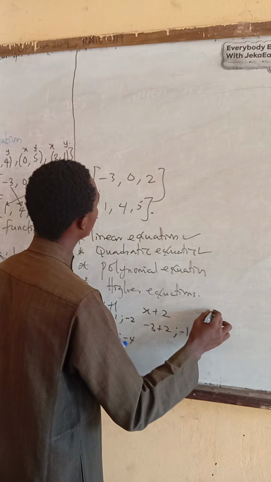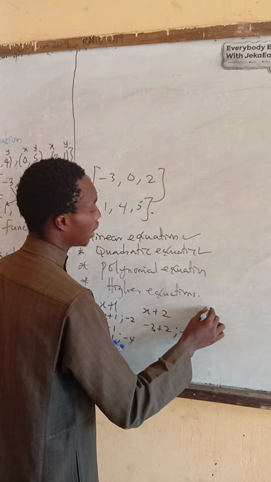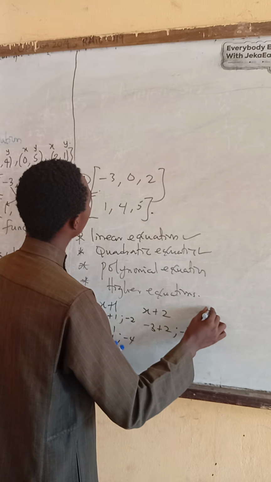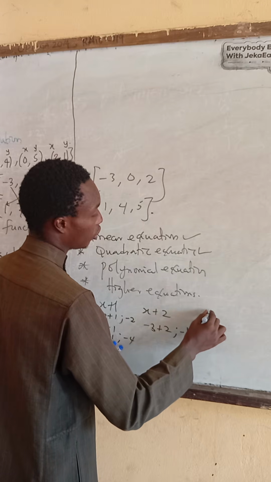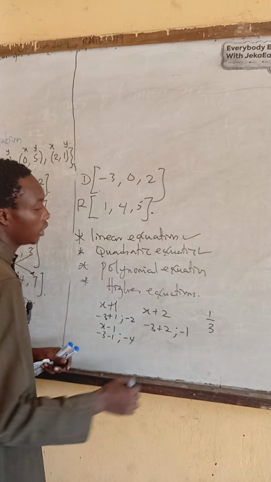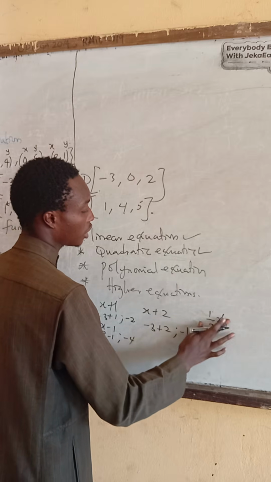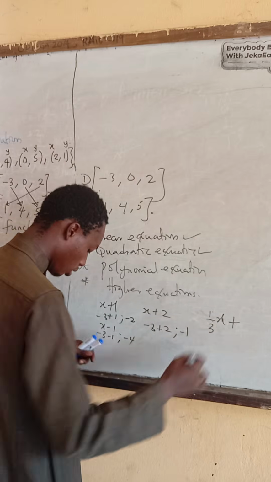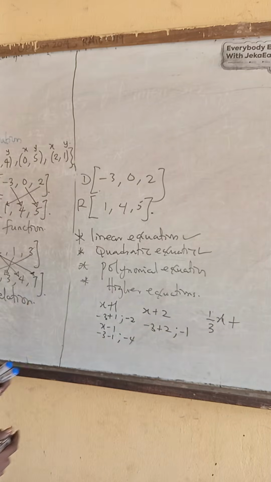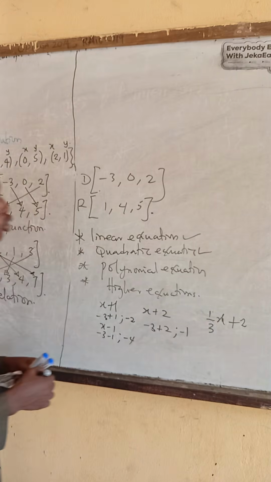Okay, let's have minus 1 over 3 x plus 2.